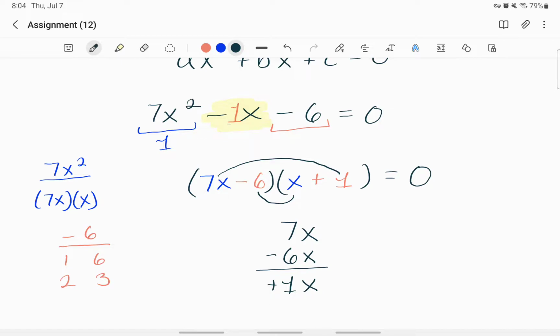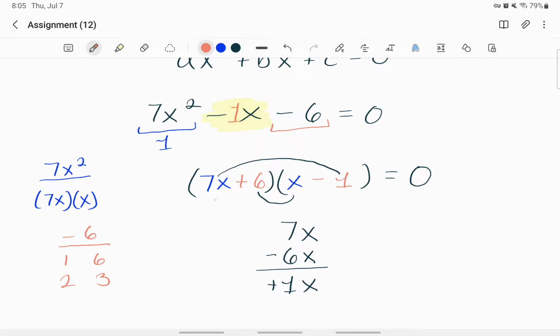Here we have negative 1x. So that means we are on the right track, except this is positive, that is negative. An easy fix. If you have the same number, just with a different sign, that just means to switch the signs. Make this a plus 6, make this a minus 1.